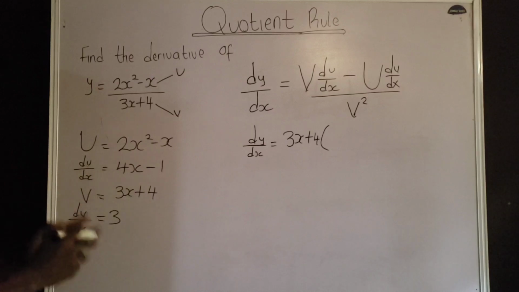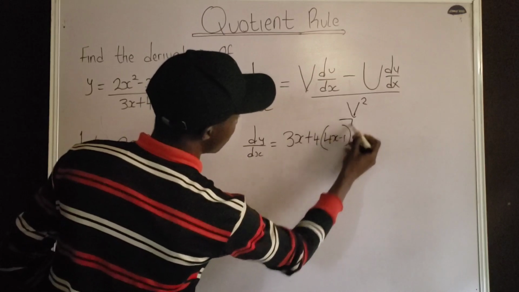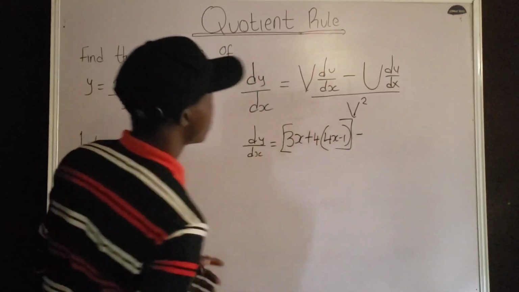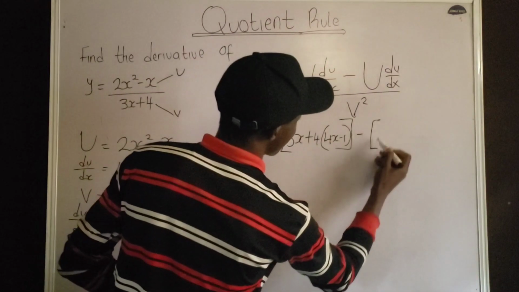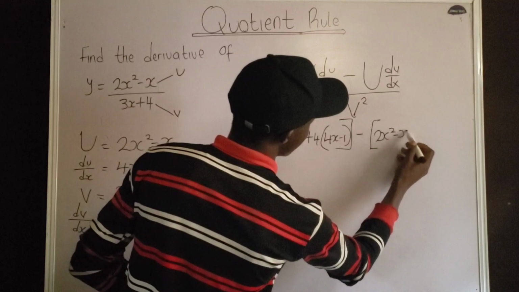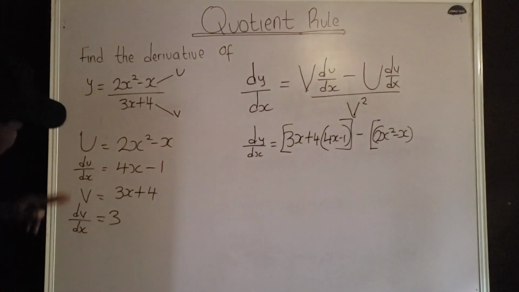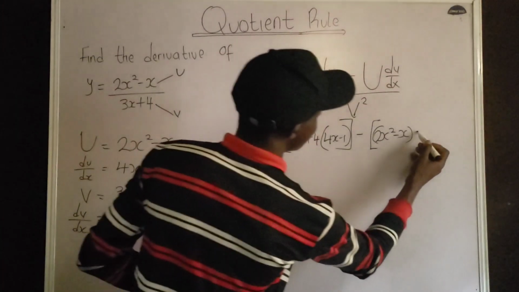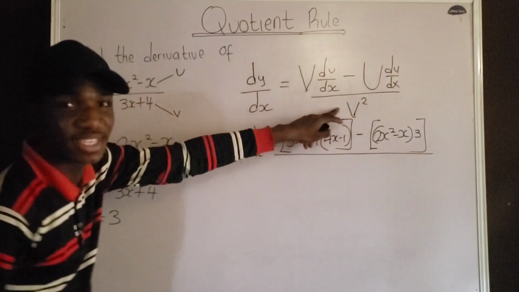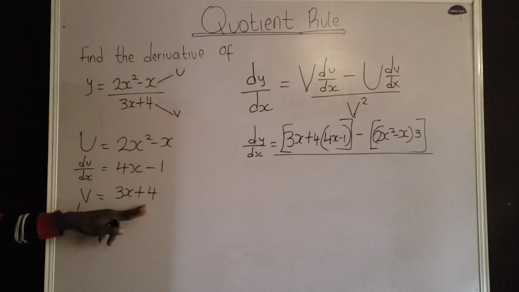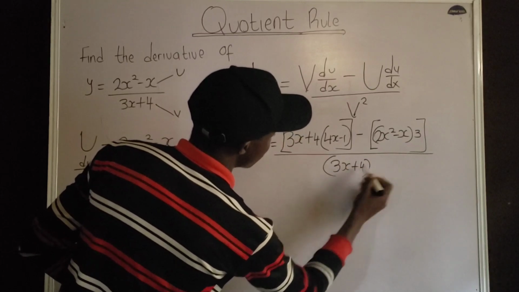The derivative of u is 4x minus 1, so I'm going to have 4x minus 1 all in brackets, minus u, which is 2x squared minus x, in another bracket, multiplied by dv/dx. The dv/dx is 3, so multiplied by 3, all in brackets, all over v squared. V is equal to 3x plus 4, so for v squared, I'm going to have 3x plus 4 raised to the power of 2.